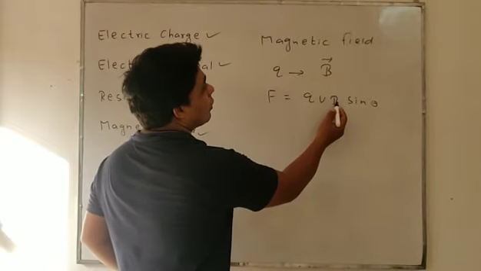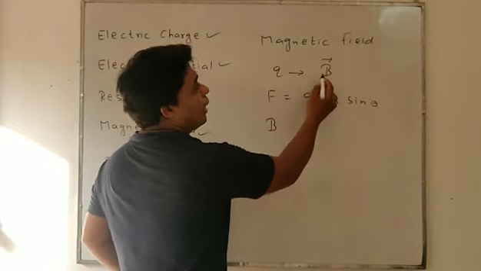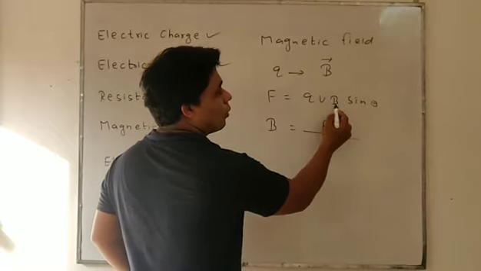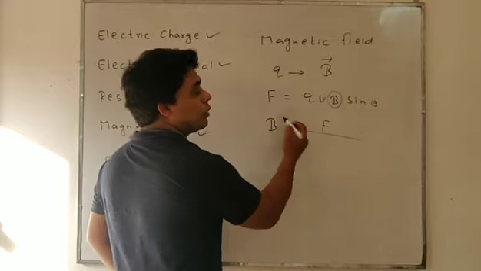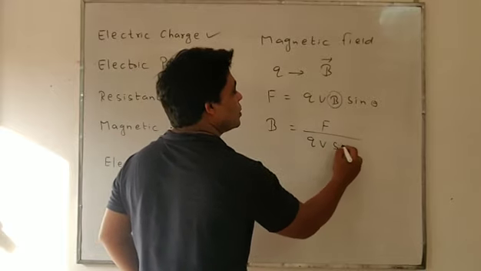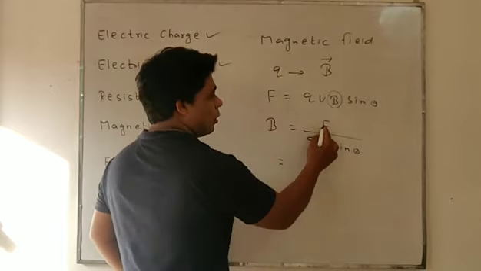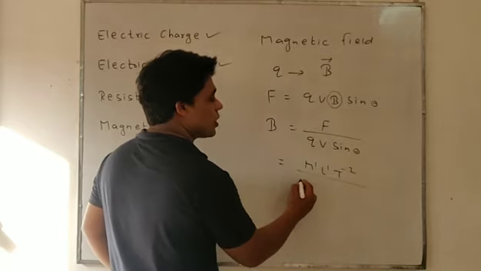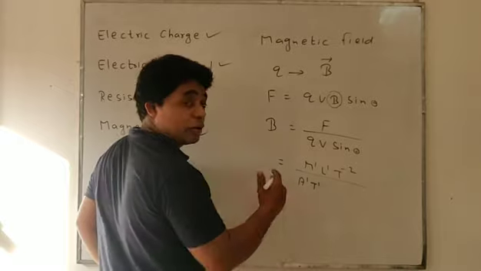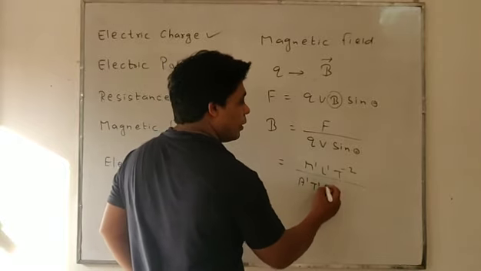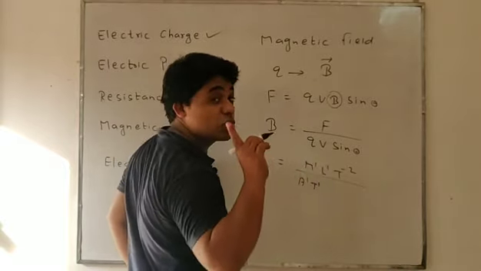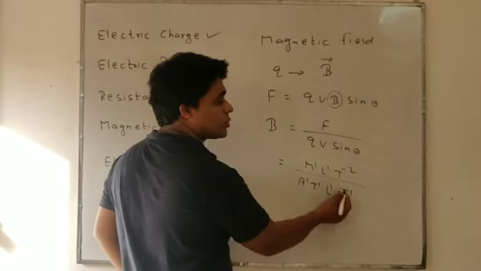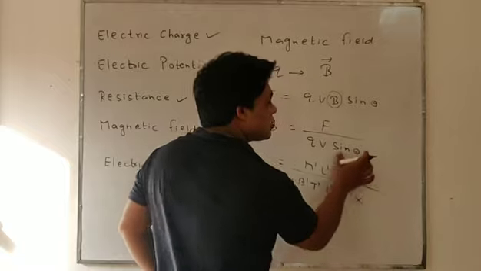We have to find the unit of magnetic field B. Magnetic field is represented by B. So B equals F upon Q V sin theta. Now force is M1 L1 T minus 2, charge is A1 T1, current into time, and V is velocity, displacement by time, L1 T minus 1, and sin theta is angle.